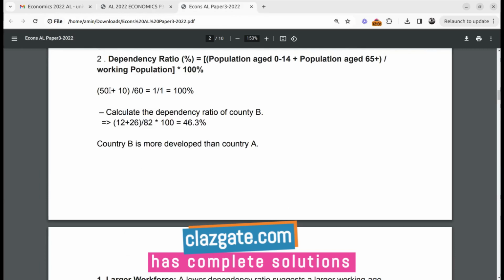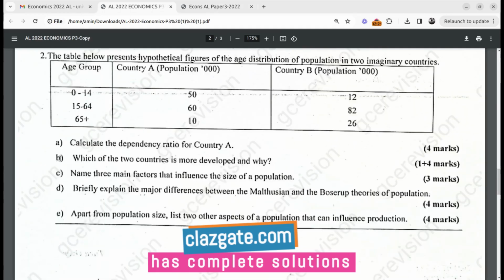This is 50 plus 10 divided by 60. 50 plus 10 is 60, divided by 60, which gives us 1 on 1, and you multiply by 100, which still gives us 100. Now, question 2B is asking us, which of the two countries is more developed and why?